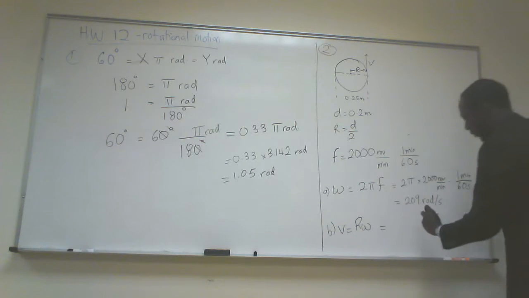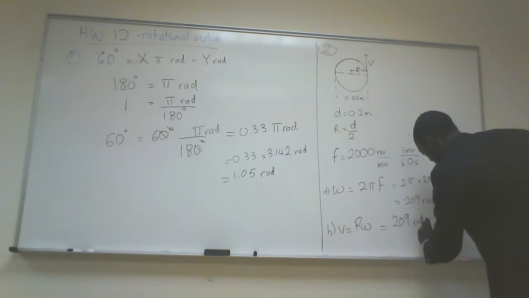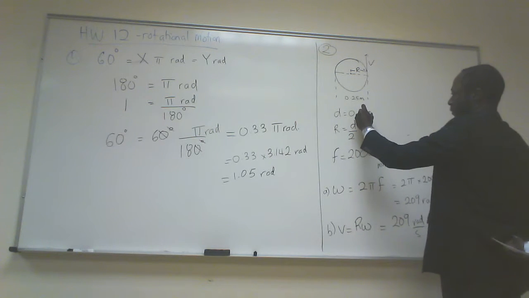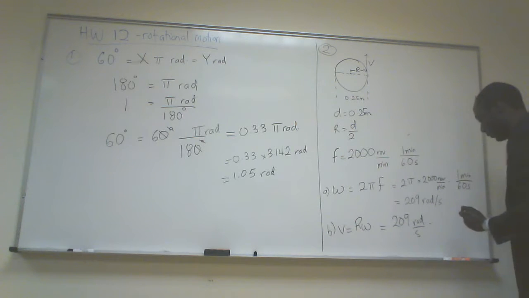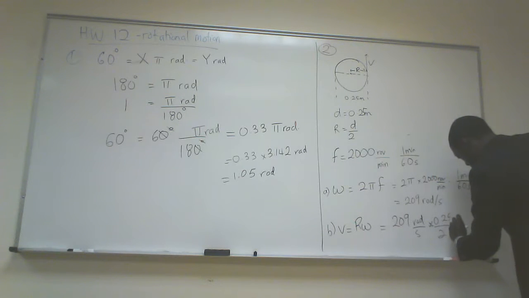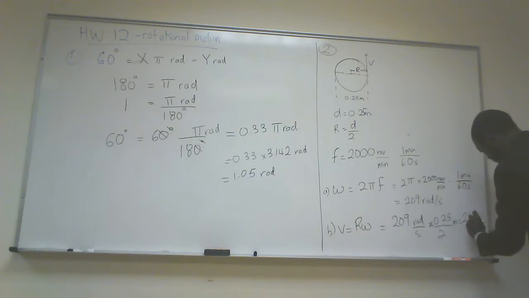So we have to multiply 209 rad per second by the radius, which is the diameter 0.25 divided by 2. And that comes up to be 26.2 meters per second.